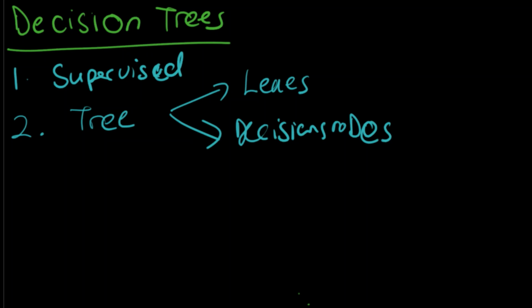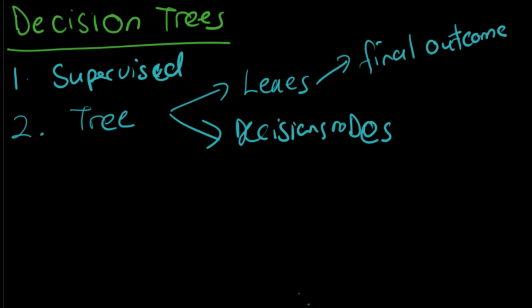Those are your decisions, and at the end are your leaves, which are the actual decision that you make. So your branches or decision nodes are where the decision is taken, and your leaves represent the final outcome. If I'm going to play sport today, yes, that'll be my leaf, or no, that won't be my leaf.